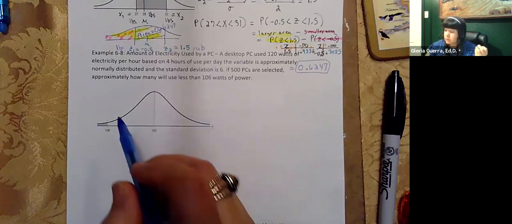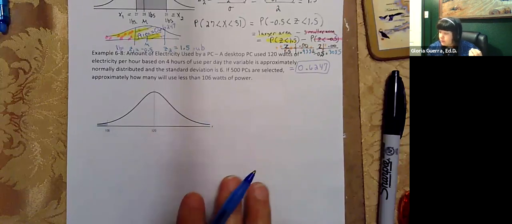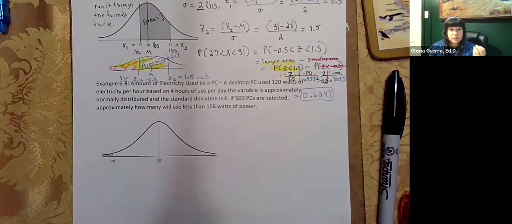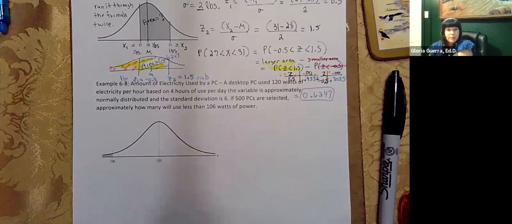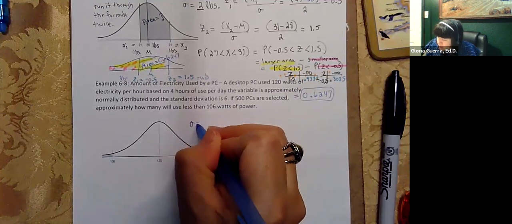But as far as the area to the left, this is the simplest when you're finding area to the left. And so it says the amount of electricity used by a PC. A desktop PC uses 120 watts of electricity per hour based on 4 hours of use per day. The variable is approximately normally distributed, and the standard deviation is 6. Okay, so standard deviation is 6.